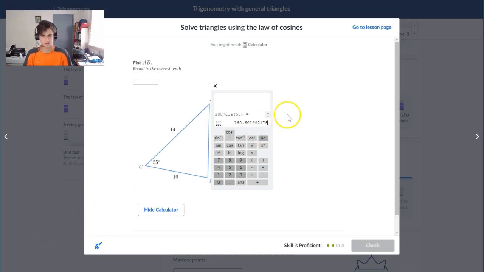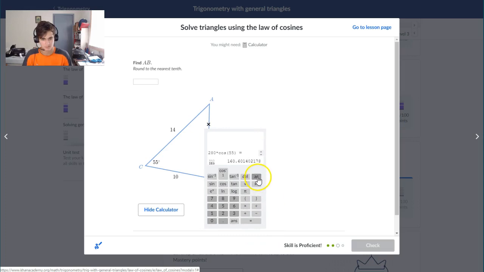Okay, so now we're going to do 296 minus 160.601. Let's get to it.